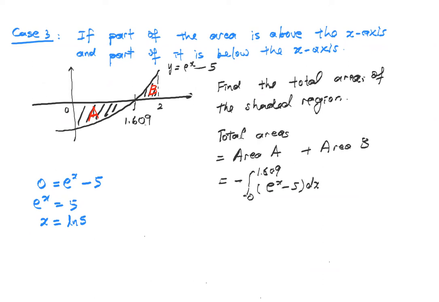Correct? Plus area B, which is above the x-axis, so I don't have to bother. Integrate from 1.609 to 2, e to the power x minus 5. So you use your graphic calculator, FNINT, and get the answer. That's it.